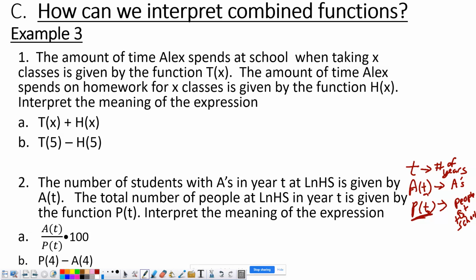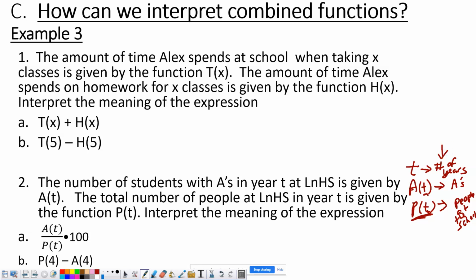Okay, so let's go ahead and start with something a little bit easier. Part B is, I think, a little easier than Part A. So let's take a look at Part B. What does that 4 mean? First of all, you have to recognize that 4 represents a t value. And if it represents a t value, it must be the year that we're in.